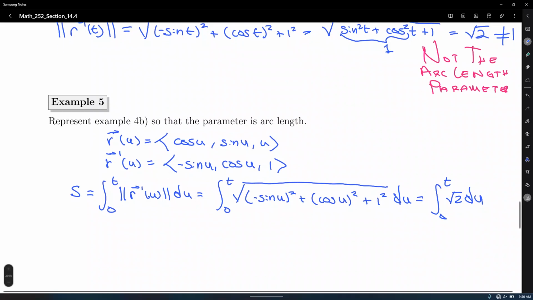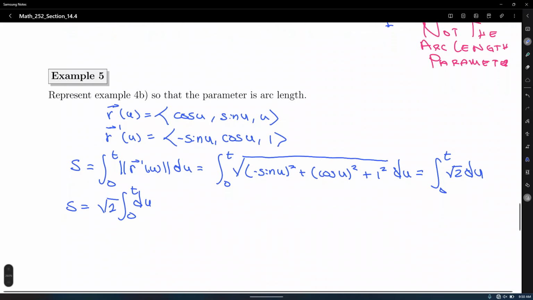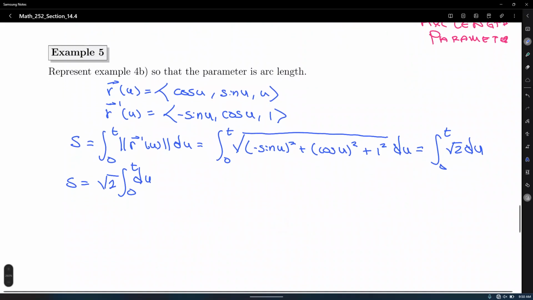Okay, so this means s equals the square root of 2 times the integral from 0 to t of du. And in this case, I'm going to continue as an equation because I need to come up with the expression that actually reparameterizes.